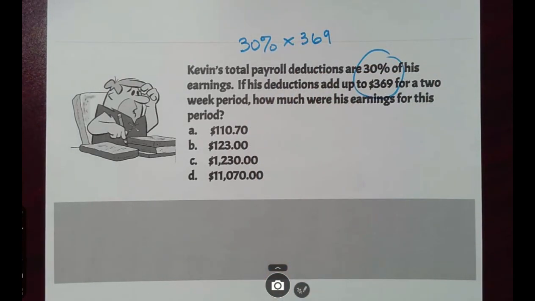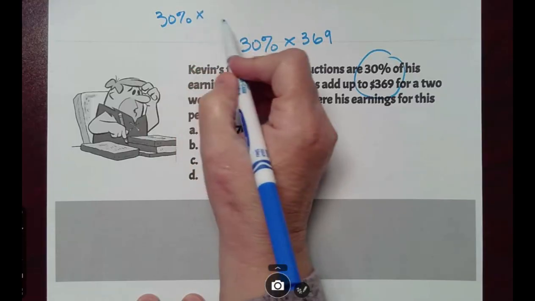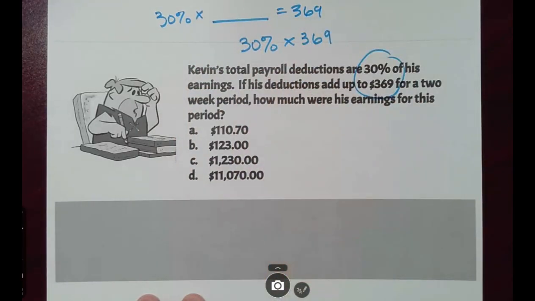But that's not what this is. This question is saying 30% of his earnings equals $369. And so if you take 30% of 369, you're going to get one of these answers down here.